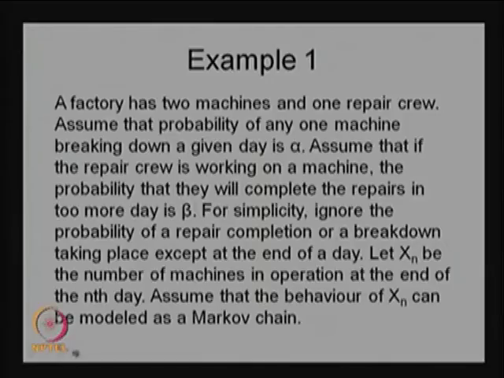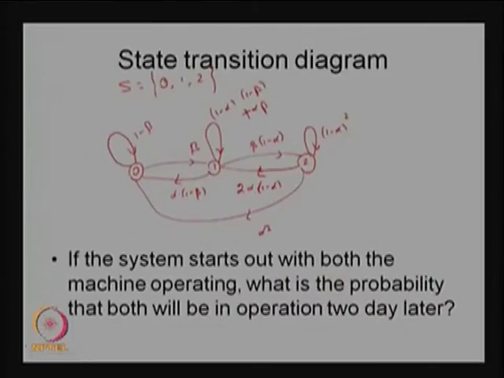So, here the clue is that at time 0, or the 0th step, both the machines are operating. Therefore, X0 is equal to 2 with probability 1. So, the given information is that with probability 1, both the machines are working at the 0th step.